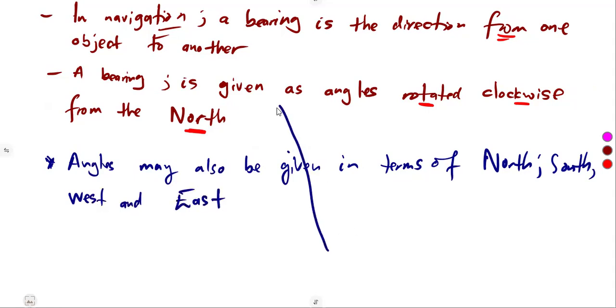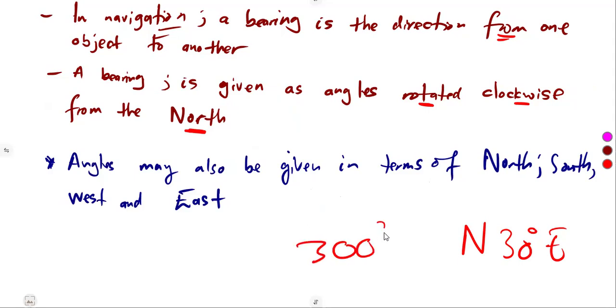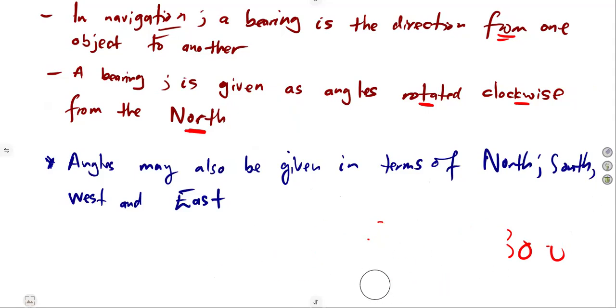From the previous concept, we never listed something like north 80 degrees to the east. It was the bearing of A from B is, and we just write 300 degrees, 45 degrees, 30 degrees. We're just writing exact angles.